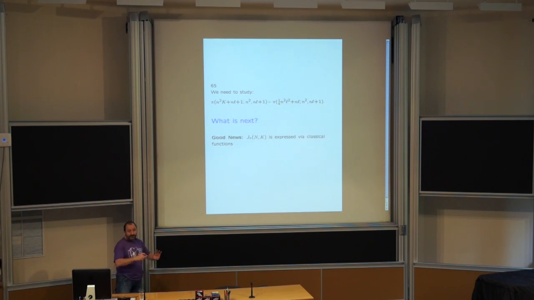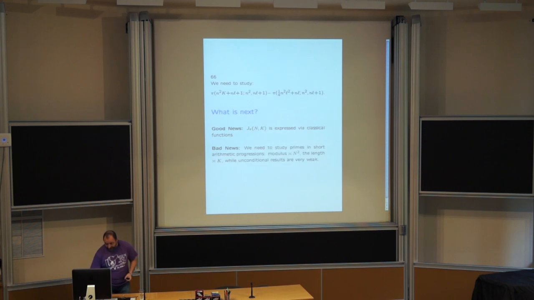The difference of this pi function counting primes in an arithmetic progression, which is certainly good news. We express this quantity via some classical functions. The bad news is that we need to study these primes in very short progressions.